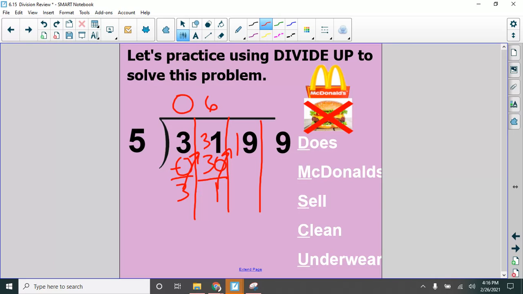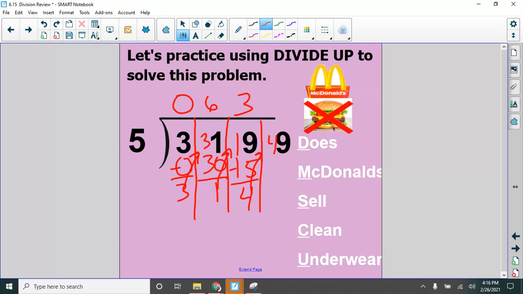All right, 5 times. How many 5s are in 19? Well, 3. What do I do next? 3 times 5 is 15. Subtract. Where's that 4 go? Next to the 49. Or, if you're bringing down, you could bring the 9 down next to the 4. It's the same idea.